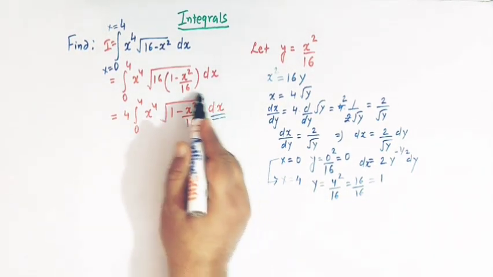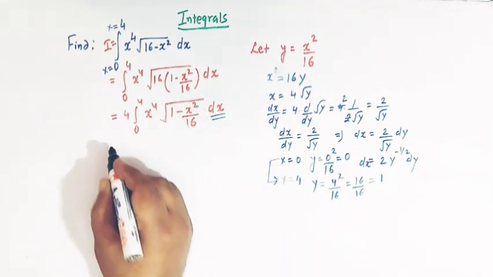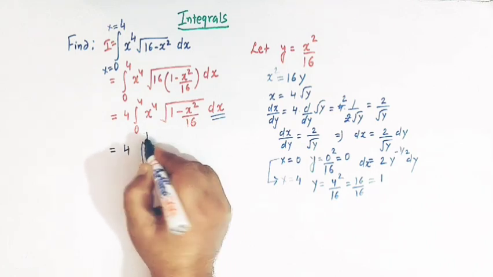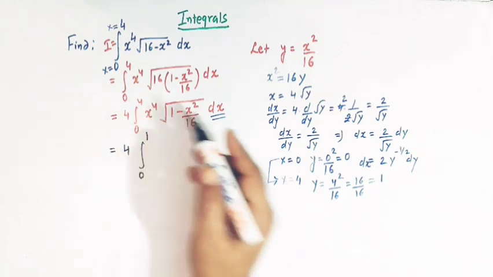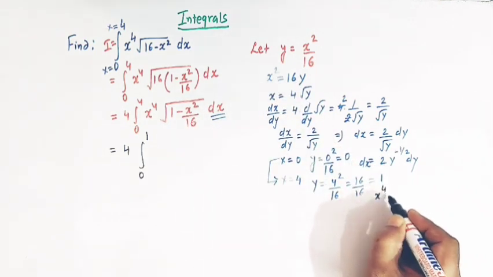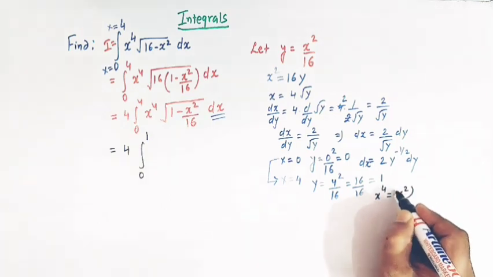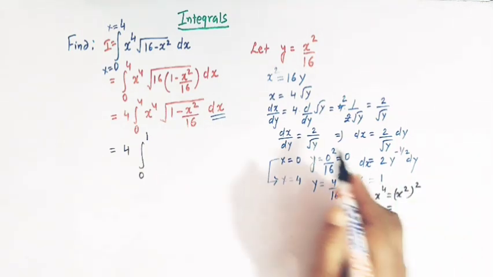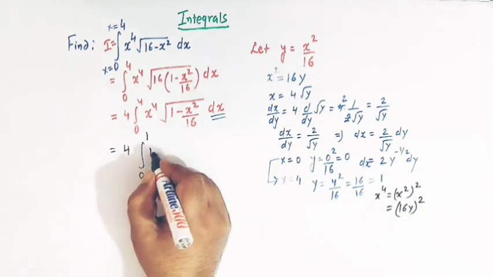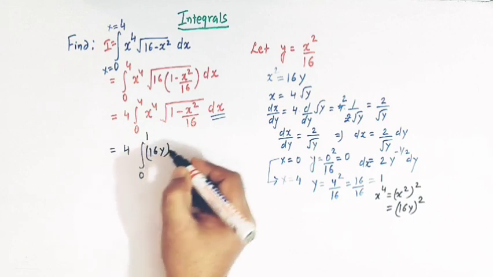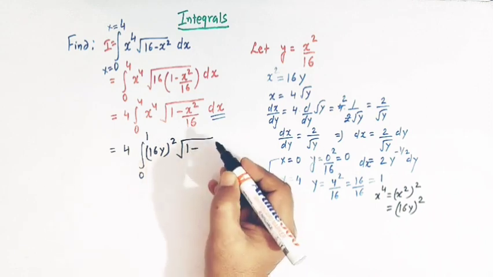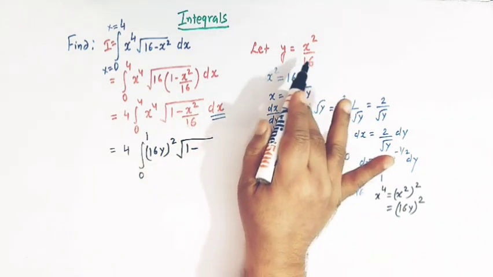So now we can write this integral in terms of y, right? So we have 4, then we have 0 to 1, and x raised to 4, right? See, x square is 16y. So we have x raised to 4 is equal to x square raised to power 2, and x square is 16y, right? So here we can write 16y raised to the power 2, and here we have square root of 1 minus x square over 16, that is equal to y.